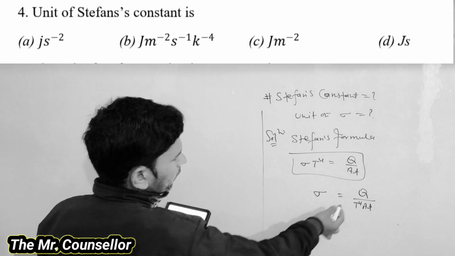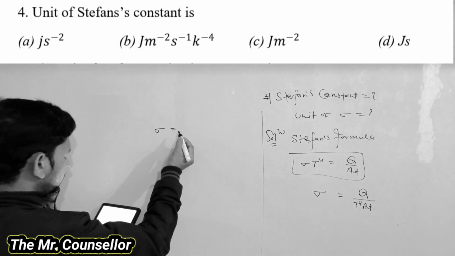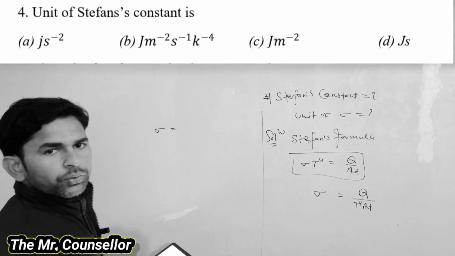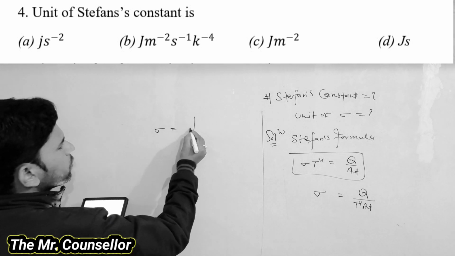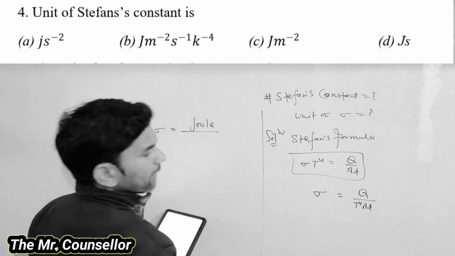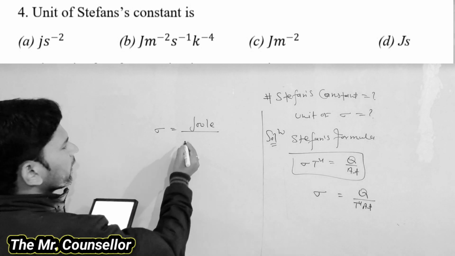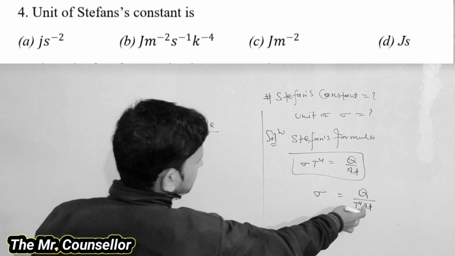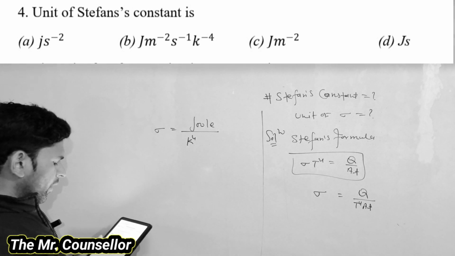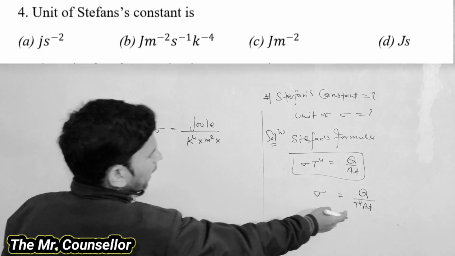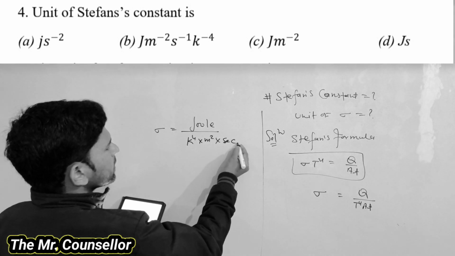Now you can write the units. Sigma is equal to, the unit of Q is joule, divided by T, the temperature, which is Kelvin power 4, and A is the area, so meter square, and time is there, so second.